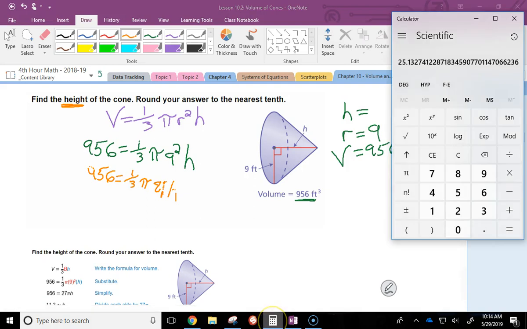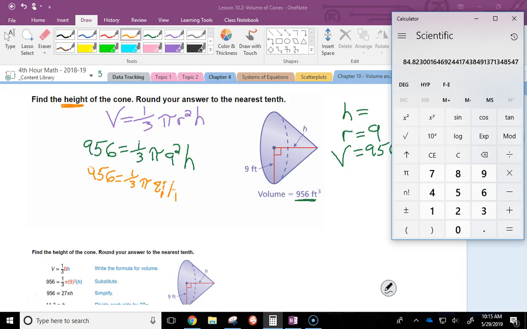I'm going to use my calculator, and I'm going to say pi times 81 equals. And then I'm going to times by 1/3, which means I'm going to divide it by 3. And I'm going to get 84.8. I'm going to round to the nearest tenth.